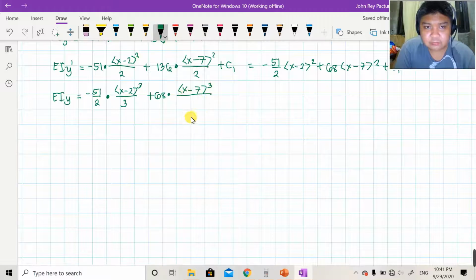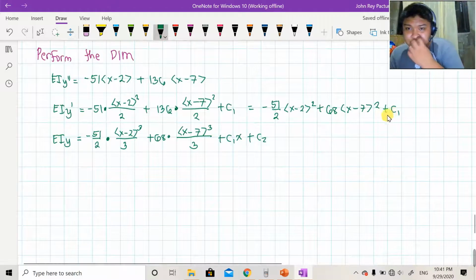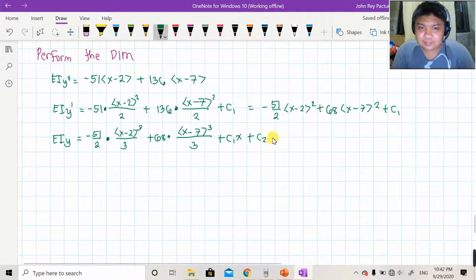(x minus 7) cubed, then over 3, plus C sub 1 x, then plus C sub 2. Because of course, C sub 1 becomes plus x times C1.